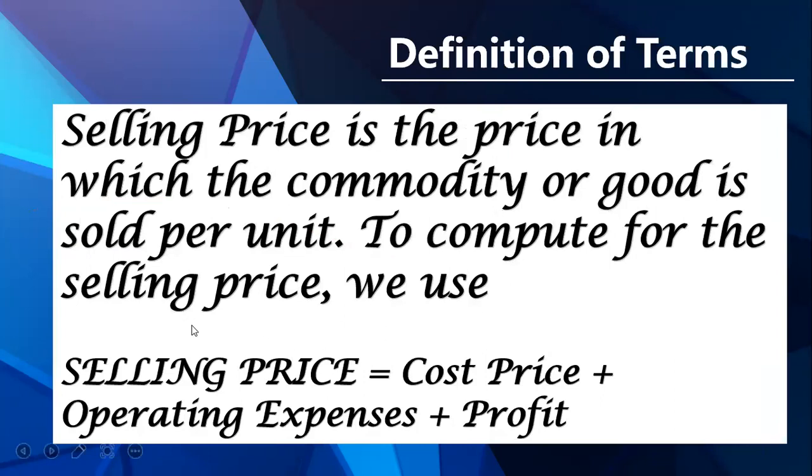To compute it, selling price is equal to cost price plus operating expenses plus profit. So how much will we sell our product for? Our selling price should be based on your cost price, your operating expenses, and the intended profit for your product. All in all, you add them, and that is your selling price.